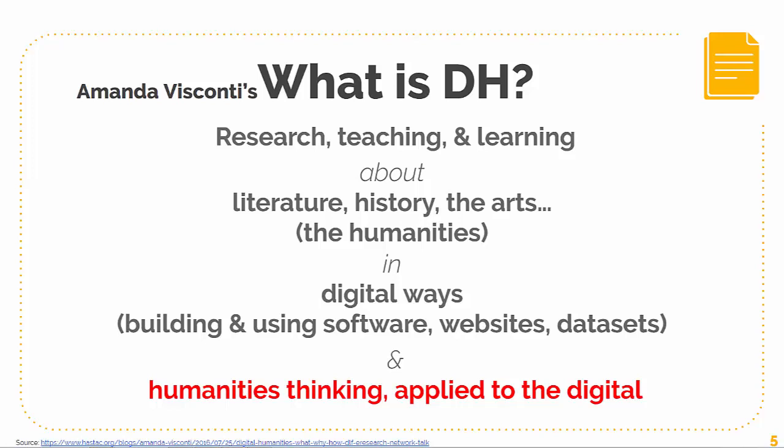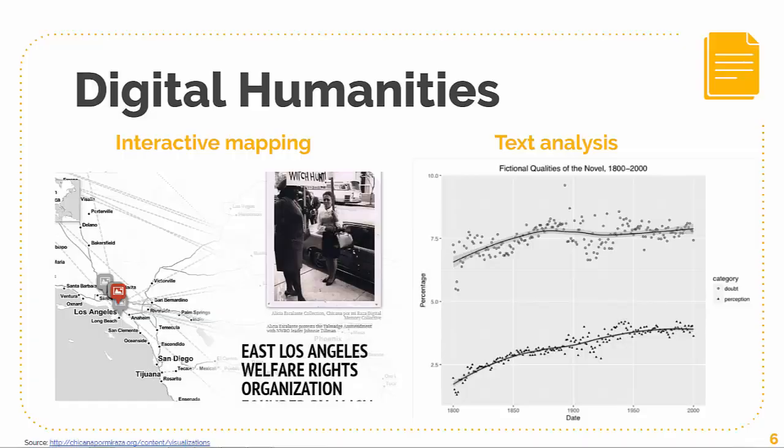So this can be a little difficult to wrap your head around without some examples. So here are a few examples of the methods used to do DH work. Here on the left, we have a mapping visualization of the history of the Chicano rights movement in the United States. On the right, we have an example of text analysis, looking at the fictional qualities of the novel over the span of 200 years, analyzing thousands of texts simultaneously.